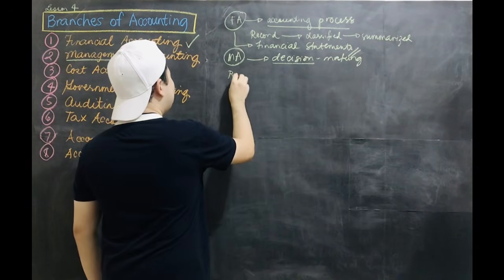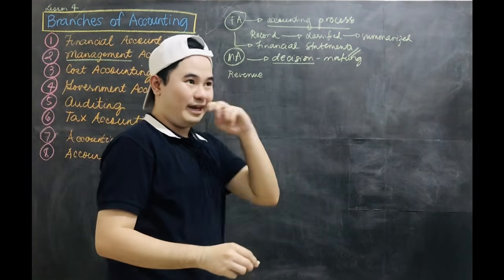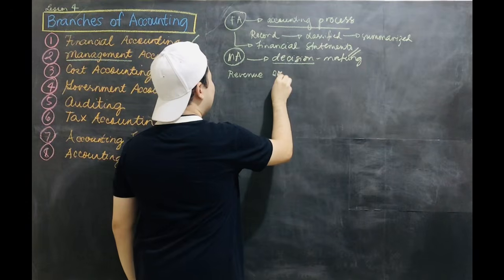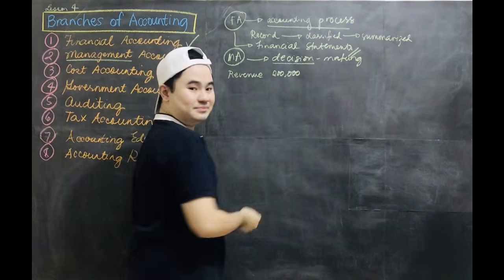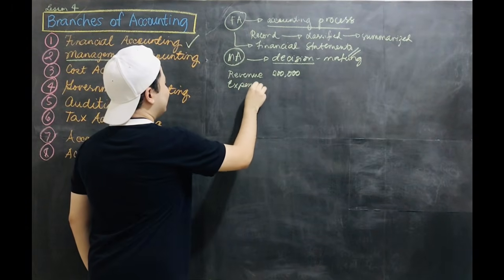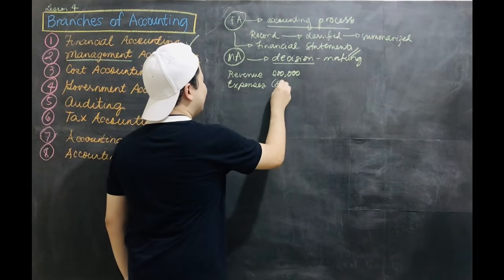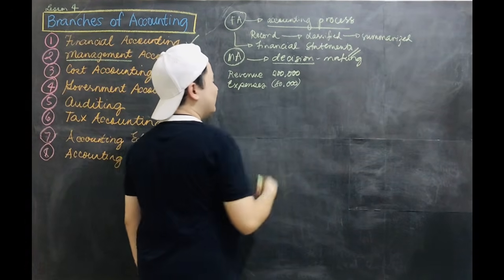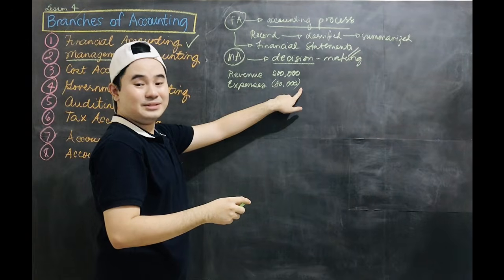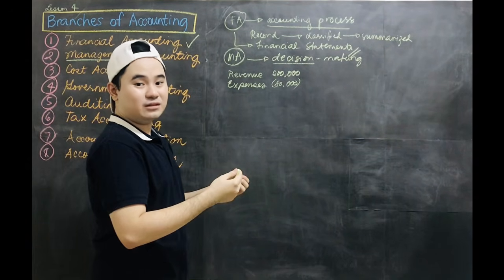Let's say, for example, that the revenue of a company for a specific month is 200,000. And then the expenses of that company is 80,000. In accounting, when we put amounts in parentheses, that pertains to subtraction or negative amount.